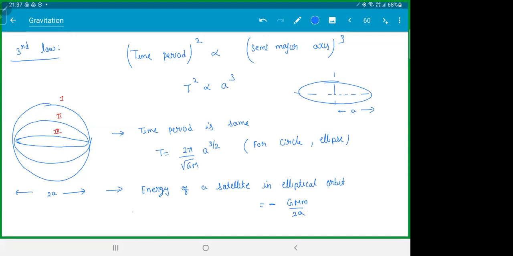So energy is also the same. So it doesn't matter whether you take a circle or an ellipse, as long as the semi-major axis is the same, the time period is the same, and the energy is the same. Energy we will prove later on. But it's a pretty good question.